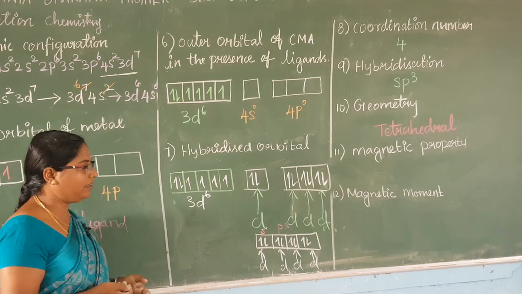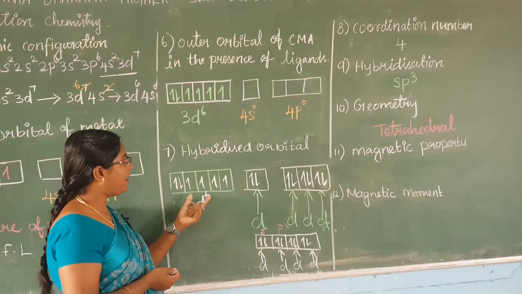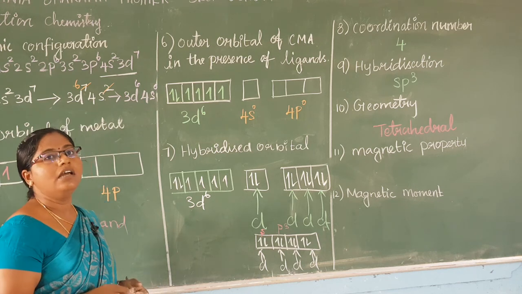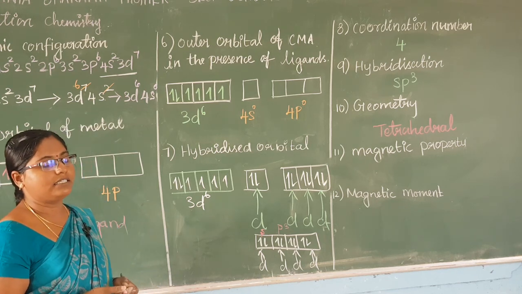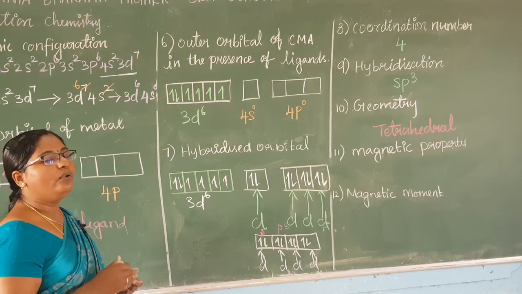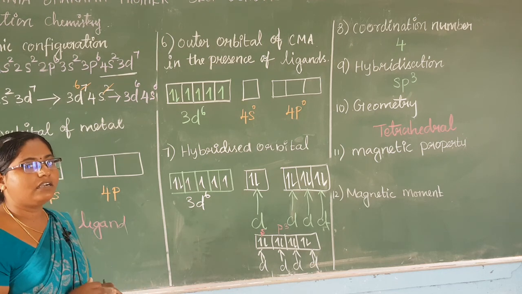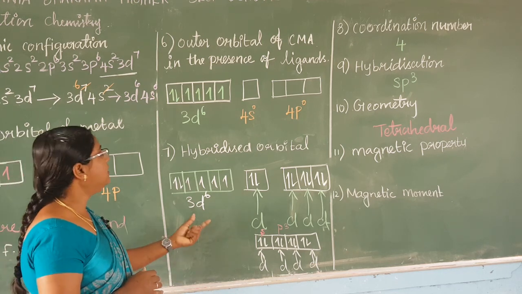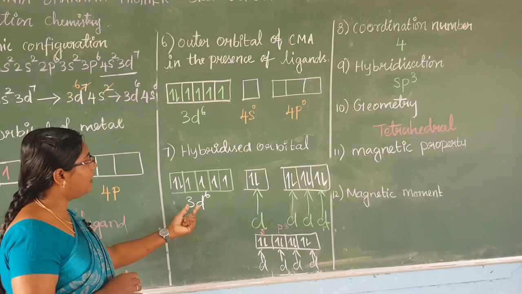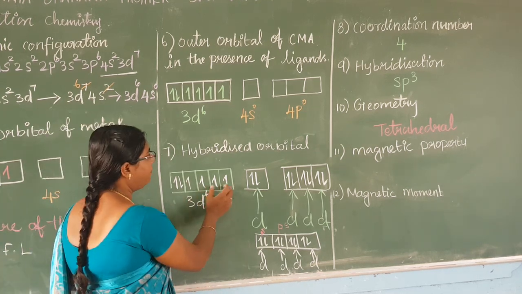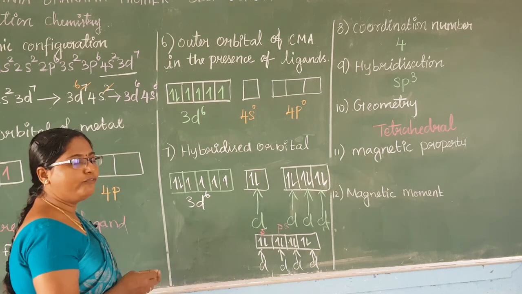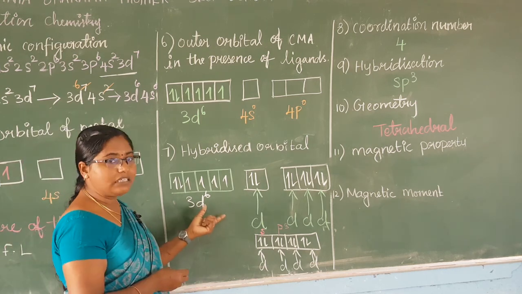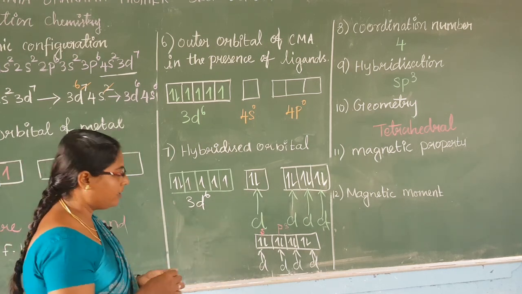If the complex has unpaired electrons, that is called paramagnetism. If the complex has no unpaired electrons, that is called diamagnetism. Our complex contains 4 unpaired electrons, so this comes under paramagnetism.